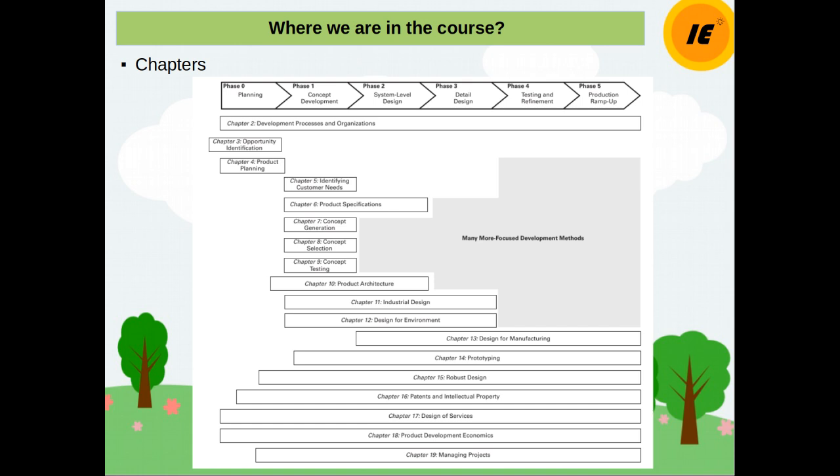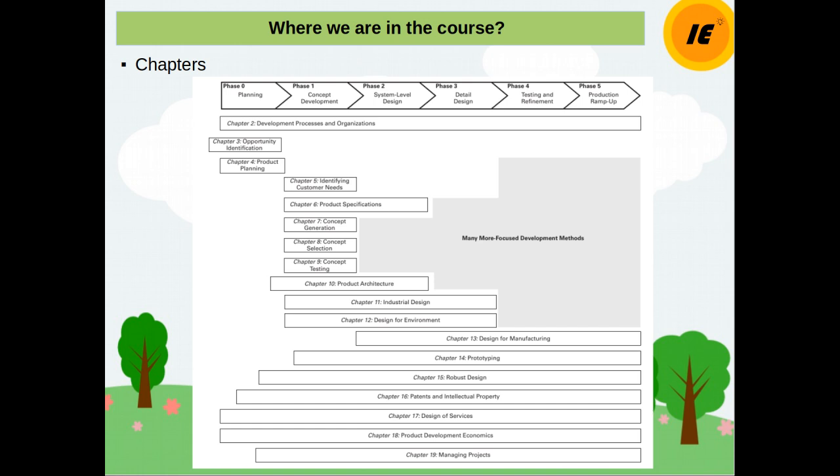The first phase will be planning, which is phase 0, and the second phase will be concept development. Phase 2 will be system level design, phase 3 will be detailed design, phase 4 will be testing and refinement, and phase 5 will be production ramp up.